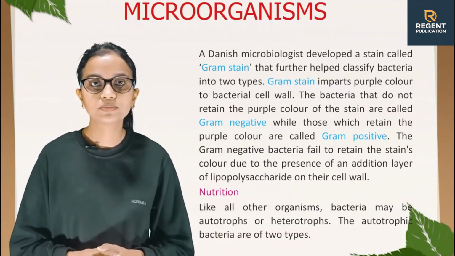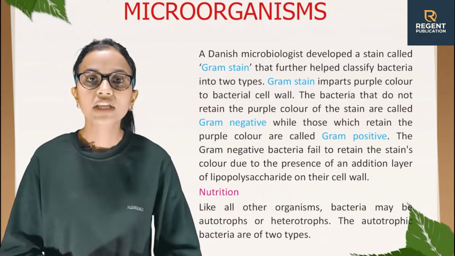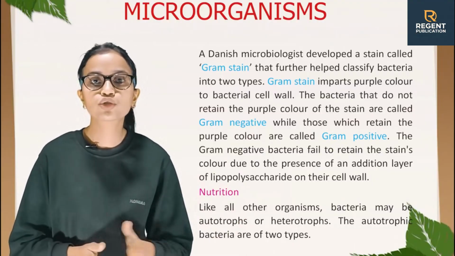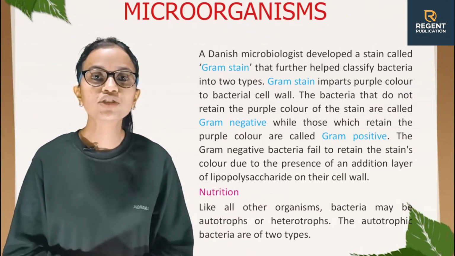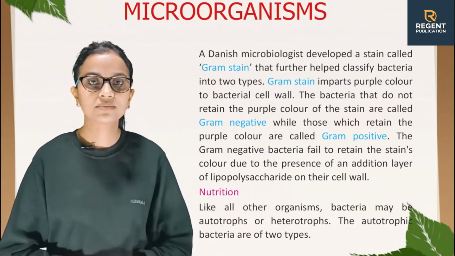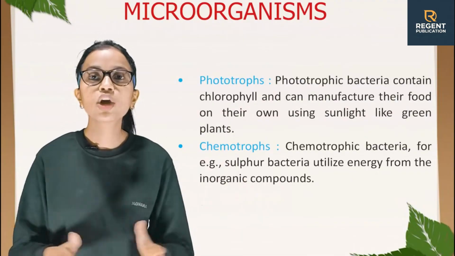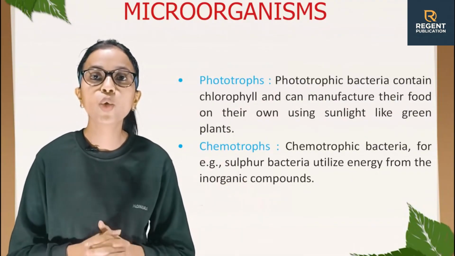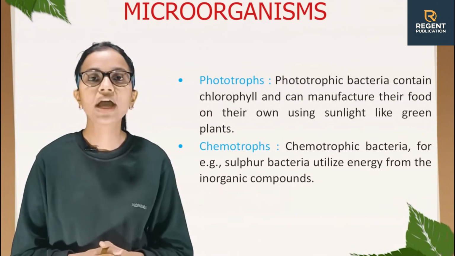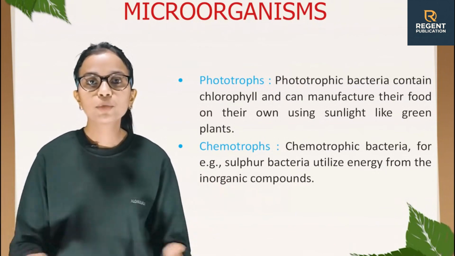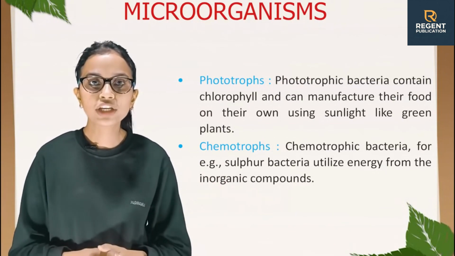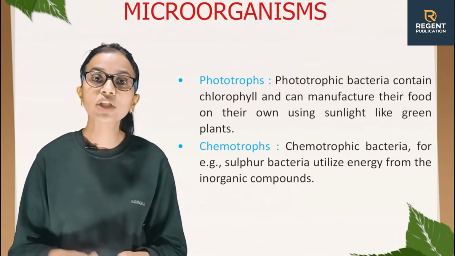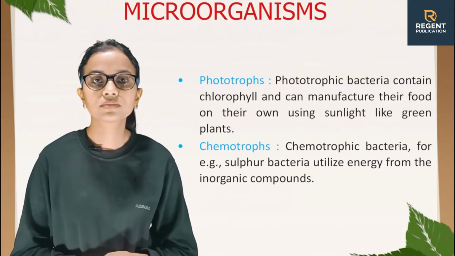Nutrition. Like all other organisms, bacteria may be autotrophs or heterotrophs. The autotrophic bacteria are of 2 types. Phototrophs. Phototrophic bacteria contain chlorophyll and can manufacture their food on their own using sunlight like green plants. Chemotrophs. Chemotrophic bacteria, for example, sulfur bacteria, utilize energy from the inorganic compounds.